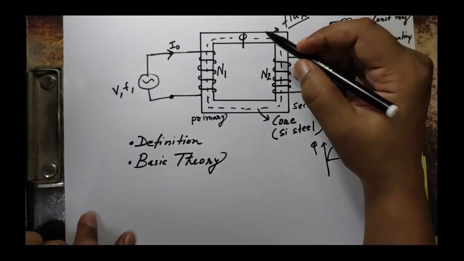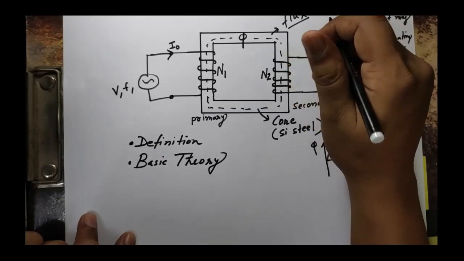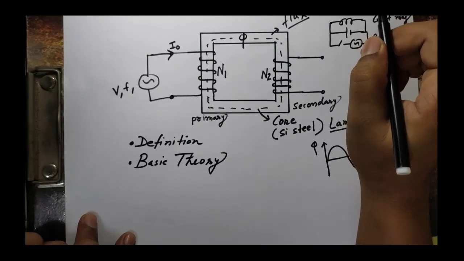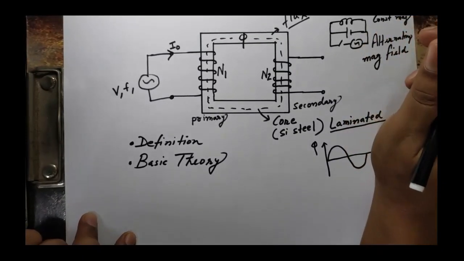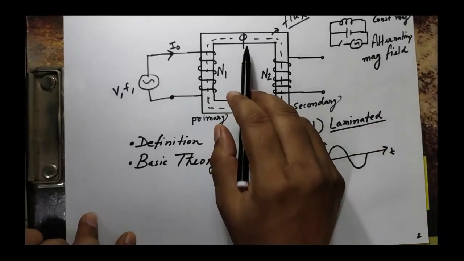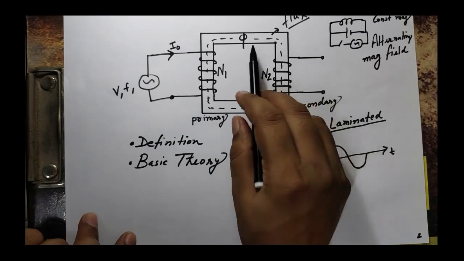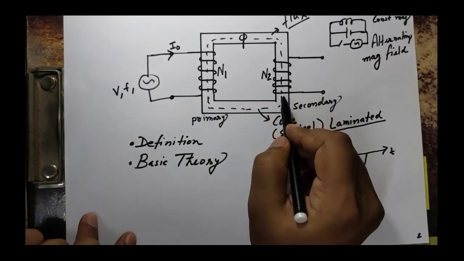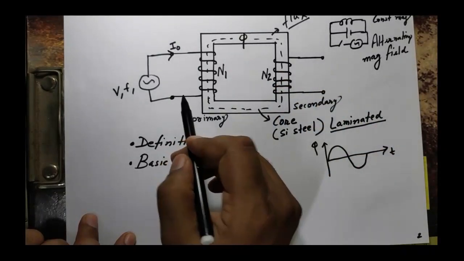So in each turn, EMF will be induced according to Faraday's law of electromagnetic induction. Hope you are getting my point. Since the induced EMF per turn is due to this flux only, in each turn the induced EMF will be the same, whether it is primary or secondary.